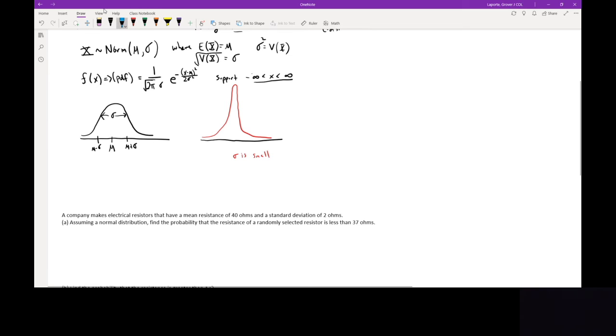So that would be sigma small, and then you might have a sigma that's a little bit larger. Maybe sigma is large. So you would expect the distribution to be pushed out. You expect a lot of your probability to occur in this small window here, whereas if your sigma is large, you would expect the probability to occur in a much larger area.